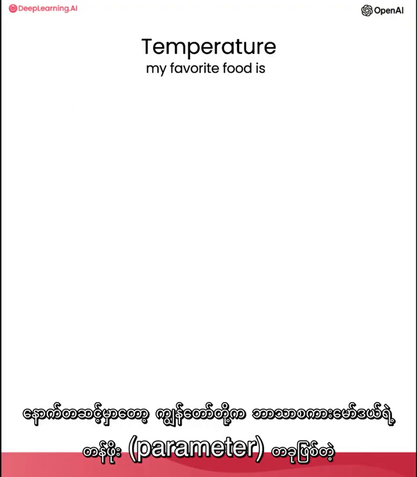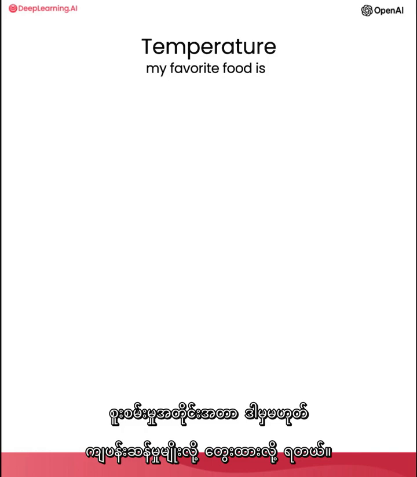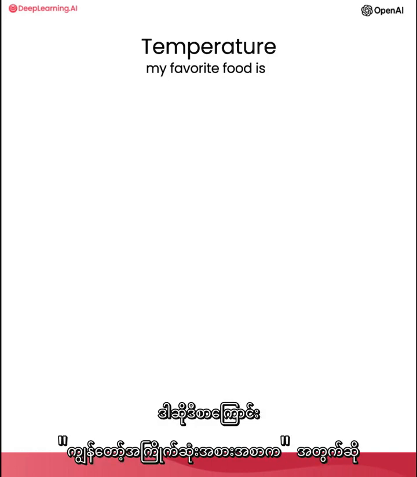Next, we're going to use a parameter of the language model called temperature that will allow us to change the variety of the model's responses. You can think of temperature as the degree of exploration or randomness of the model.